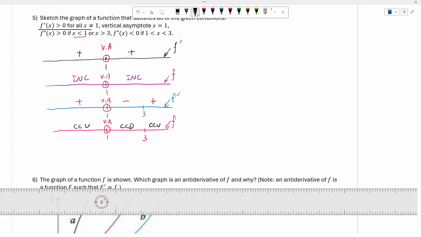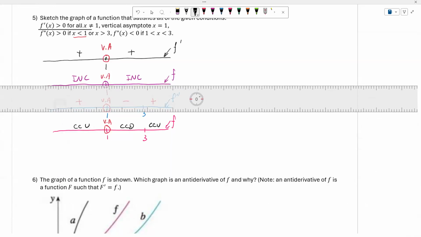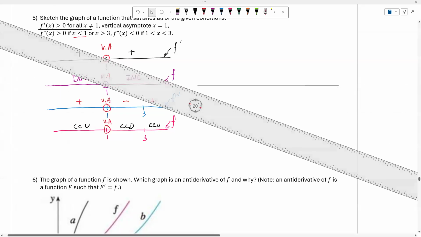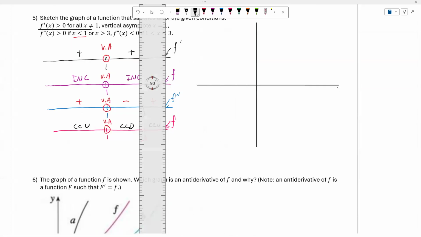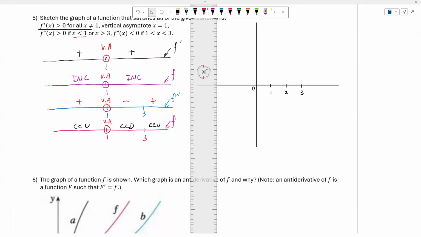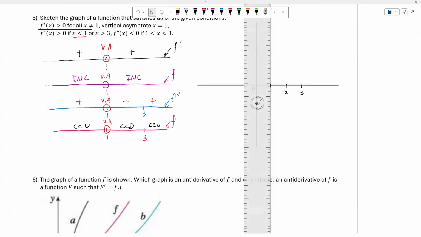Now let's see how we actually sketch the function. We have 0 and then 1, 2, 3. Let us indicate the vertical asymptote at x equal to 1 first.